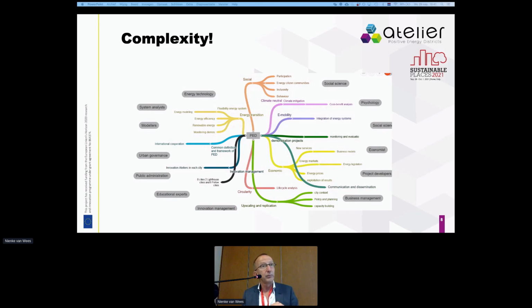If you can imagine going into a neighborhood, into a district with a lot of people from different disciplines, the energy technology guy will see the photovoltaics on the roof. The economists will see the startups, and the sociologists will see the neighborhood center. So they see completely different things in the district.